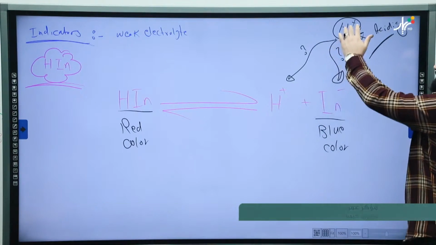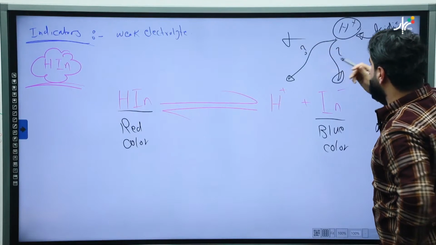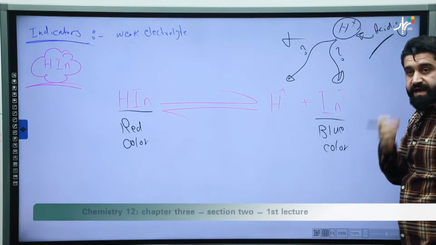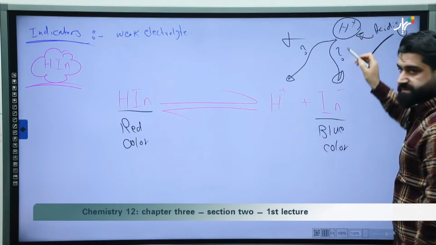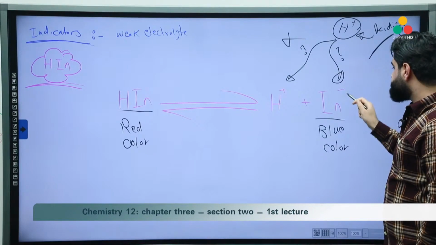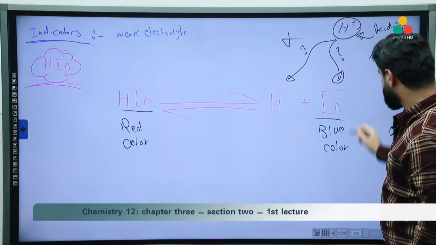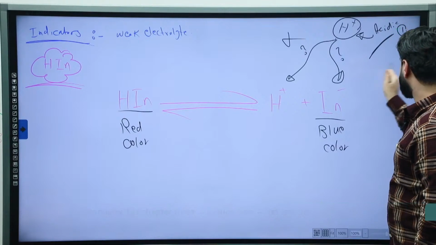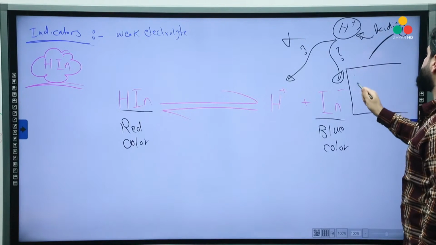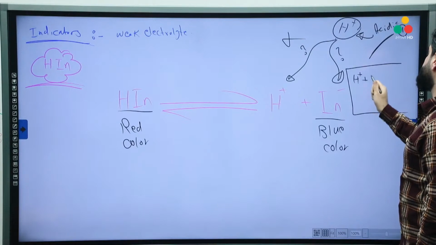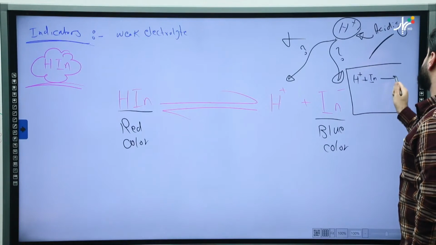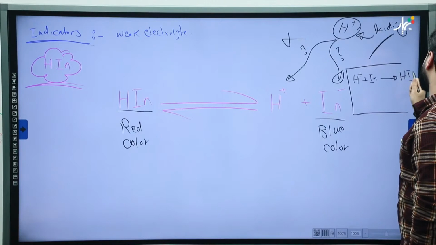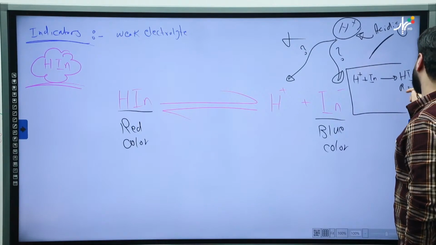Of course, plus with plus, there is no way they will react together, but H plus will react with In negative, producing HIn, which is red color.